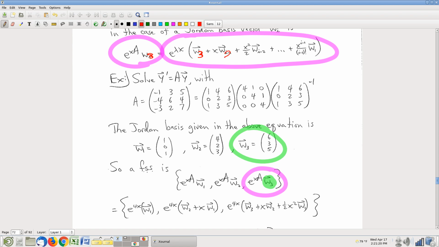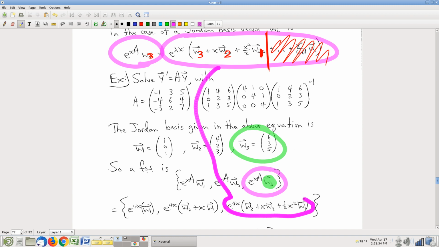That makes this a 2. That makes this a 1, and thus the eigenvector, and I stop. Whoops. And then that's that. Everybody see the pattern?